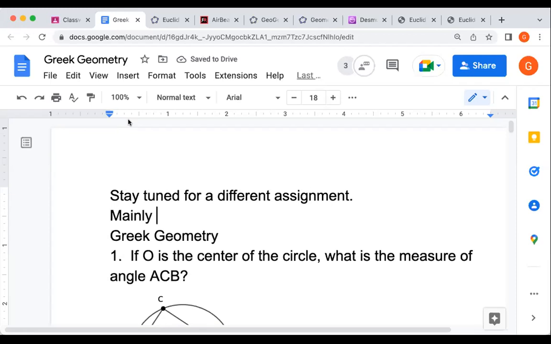It says that. Mainly study what we did today.